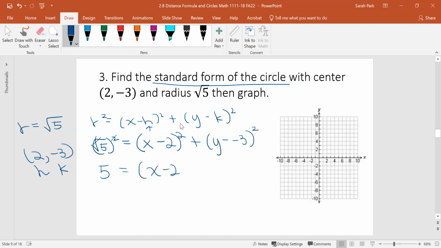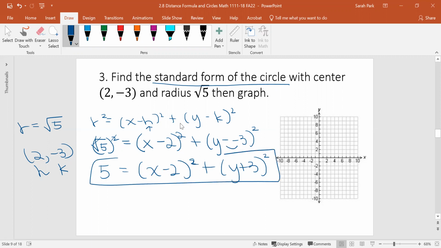We have x minus 2 squared plus, double negatives become a plus sign, y plus 3 squared. And I know in the past, whenever you see x minus 2 squared, you were required to FOIL, but for the standard form, you leave it in parentheses squared. So this is the standard form, x minus 2 squared plus y plus 3 squared equals 5. So no need to FOIL for the standard form or expand that expression.